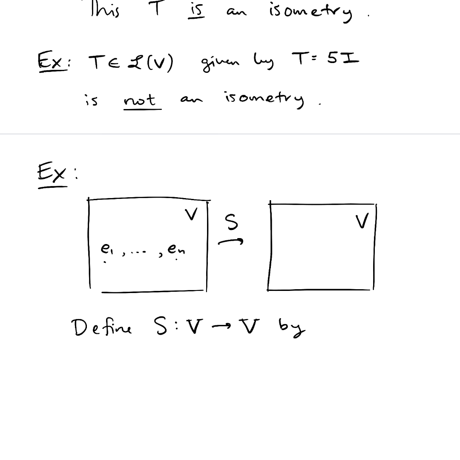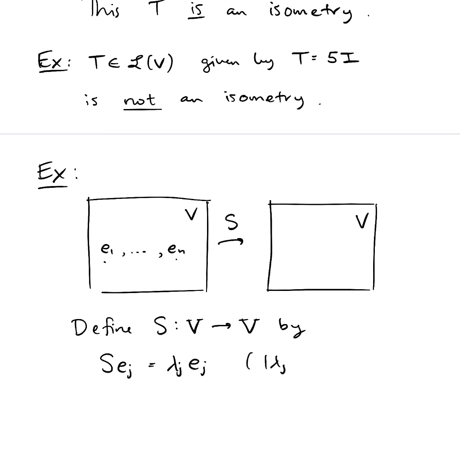Here's what S is going to do to the e's. S acting on a typical e_j, we're going to make those into genuine eigenvectors for S by declaring S acting on e_j to be some scalar lambda_j times e_j.